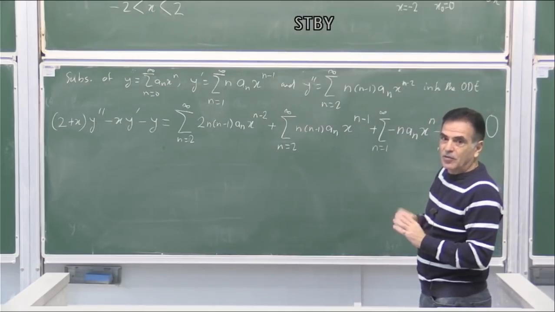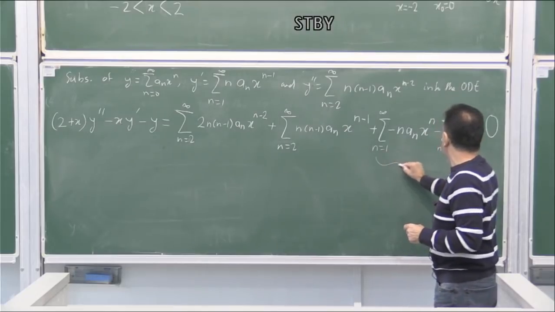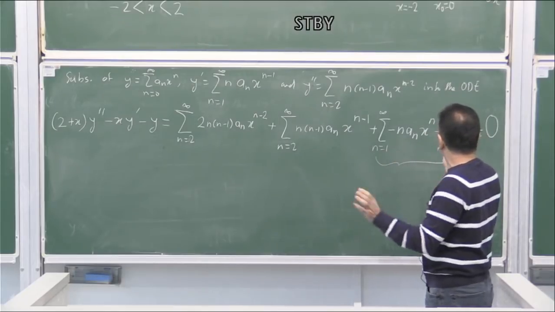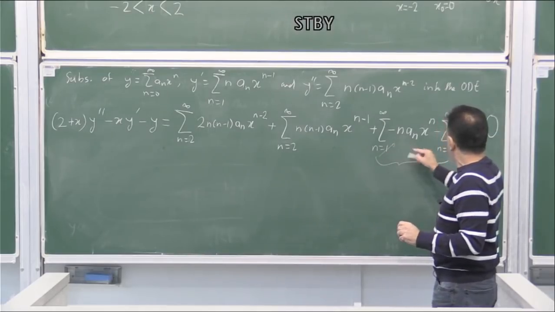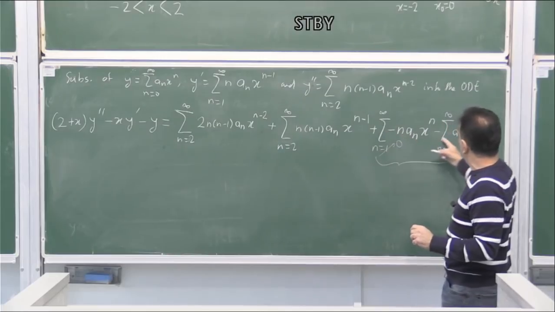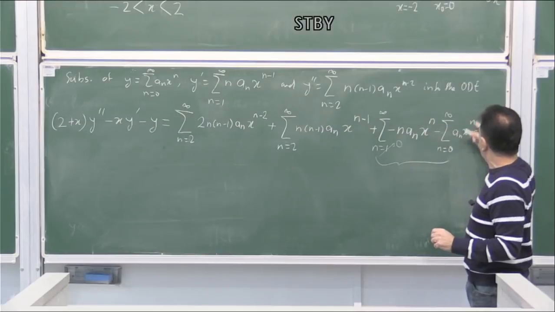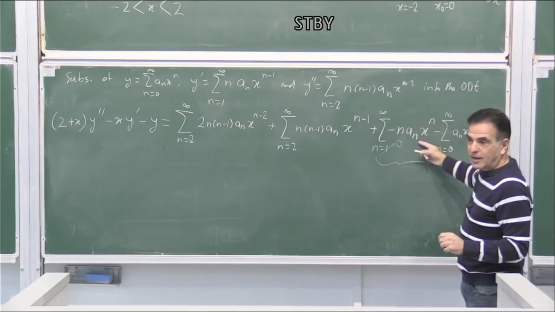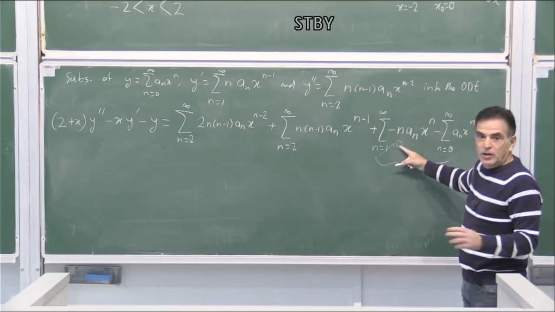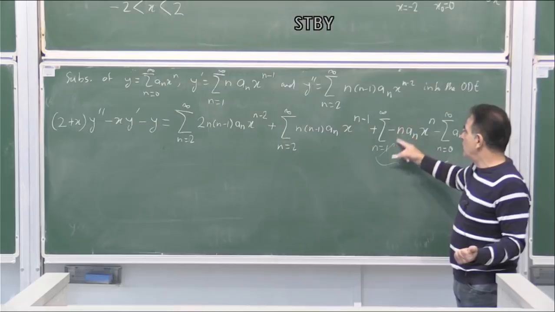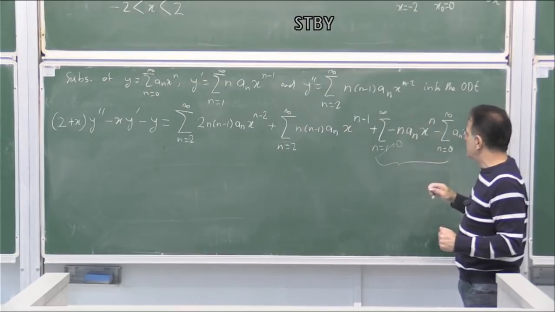Okay. Writing a single series. So the last 2 may be written under 1 sigma sign immediately again. So write 0. So the 2 series start from 0 up to infinity. They are both related to x to power n, or written in terms of x to power n. And starting from 0 doesn't cause any problem because we add 0, which doesn't change the actual value of the sum.